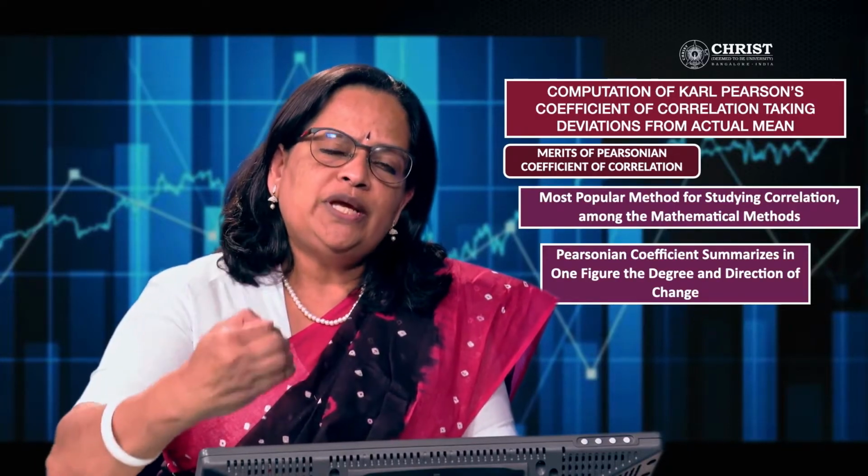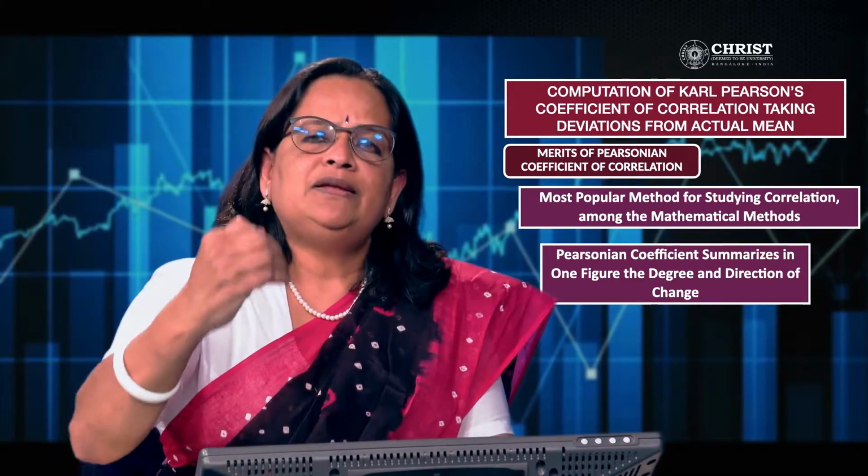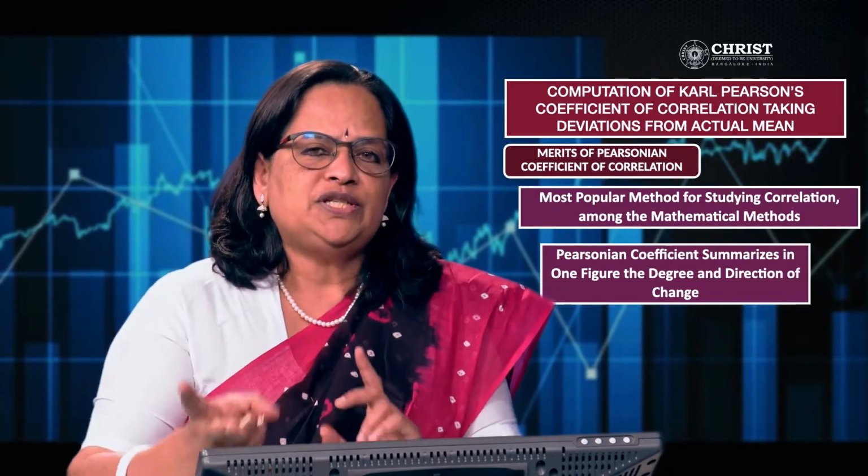Plus sign means the variables are moving in the same direction: if one variable is increasing, the other is also increasing. Negative means if one variable is decreasing, the other is increasing, the opposite. So we will get the direction and the amount of change. This is an important property and a merit of Pearsonian coefficient of correlation.